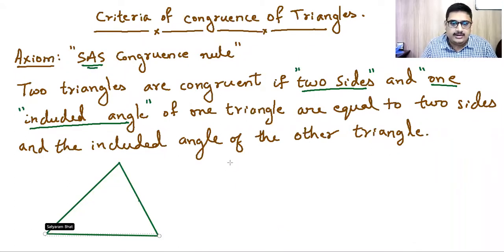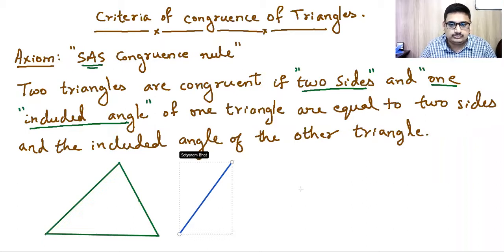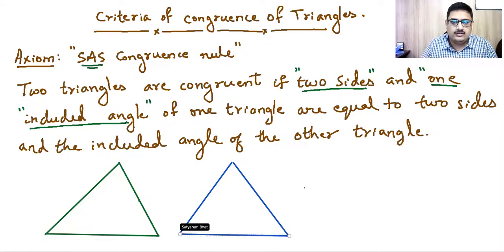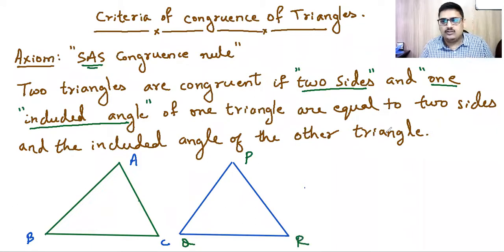Observe these two triangles: this is A, B, C, and I have P, Q, R. What does the statement say? It says two sides.